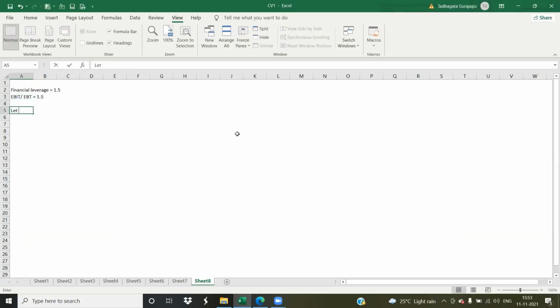Okay, let EBIT be X. So X divided by what is EBT? EBIT minus interest expense. So X divided by X minus interest equals 1.5, right? So let us solve for X now. What is interest amount?